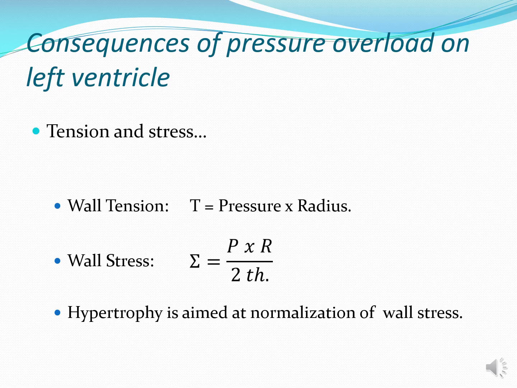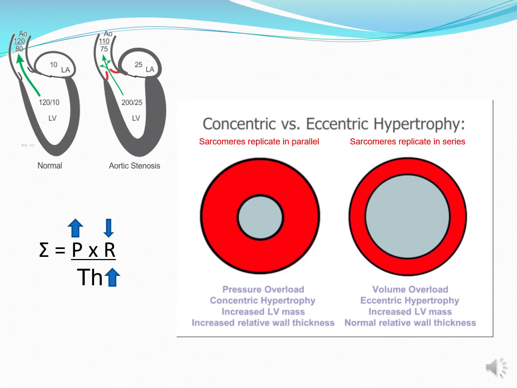So we have introduced the concept of hypertrophy. Again, I'm sure you already are familiar with this. So, in aortic stenosis, when the main challenge is a higher pressure, this will cause an increase in tension.